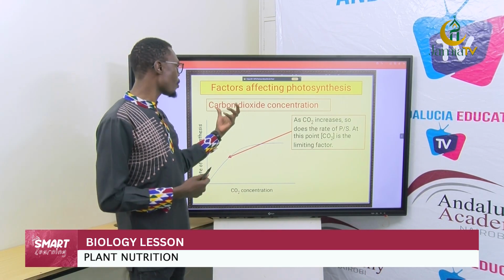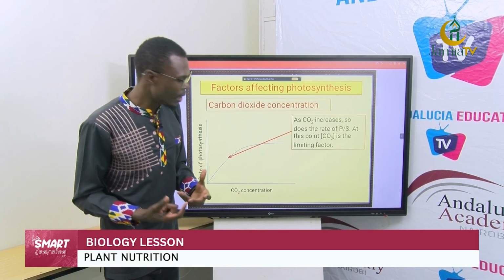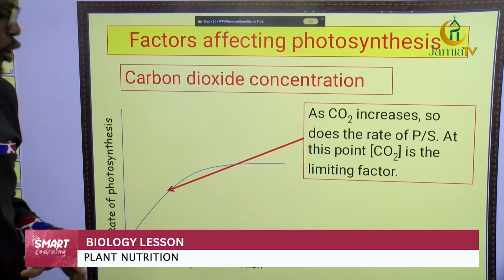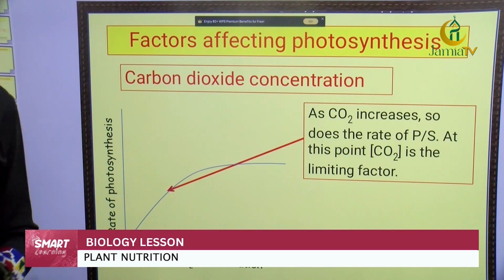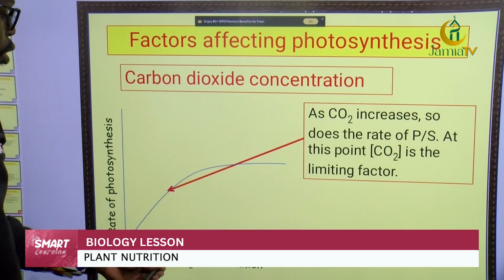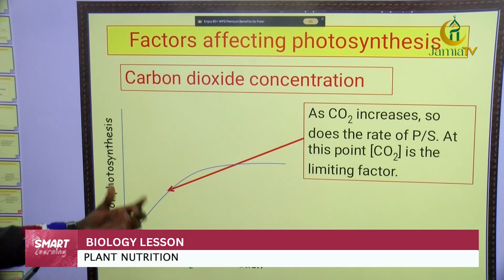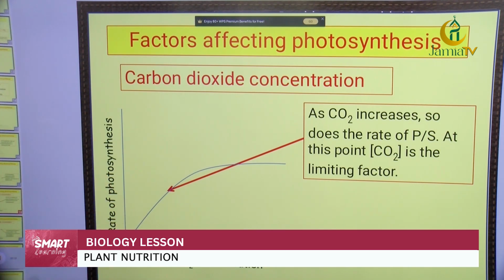The amount of carbon dioxide in the atmosphere will determine the rate of photosynthesis as well. Sometimes there's low concentration of carbon dioxide in air. If there's low concentration of carbon dioxide, there will be less raw materials for this process to occur. Less raw materials, lower rate of photosynthesis.